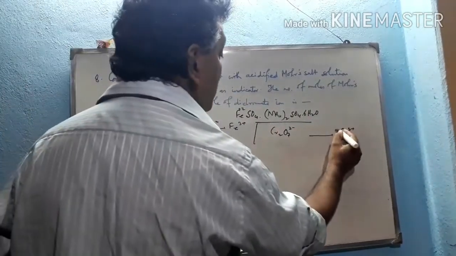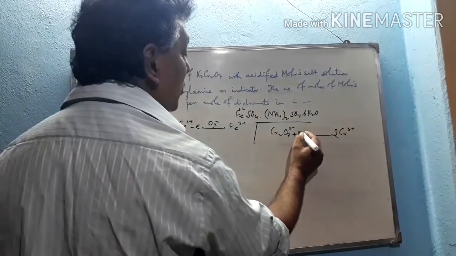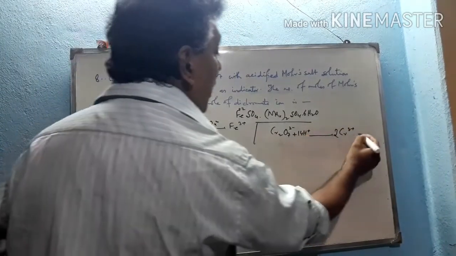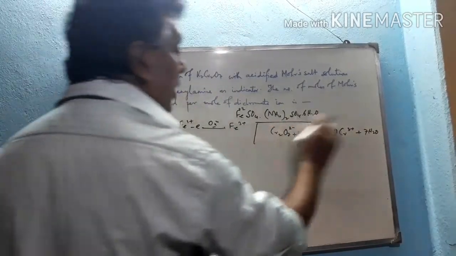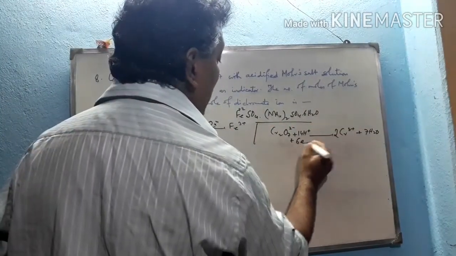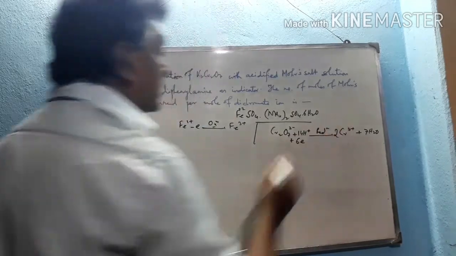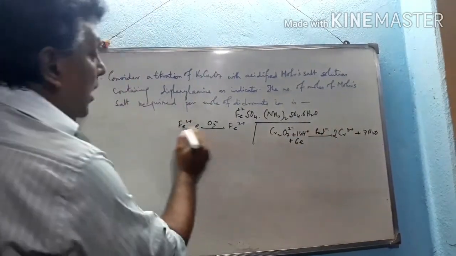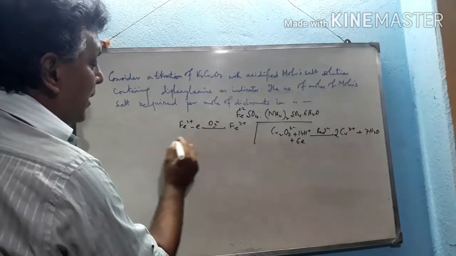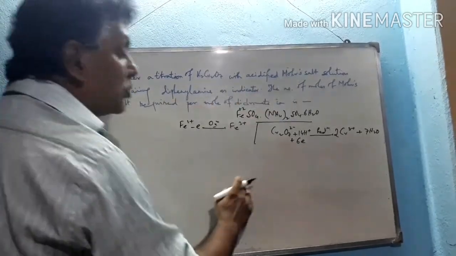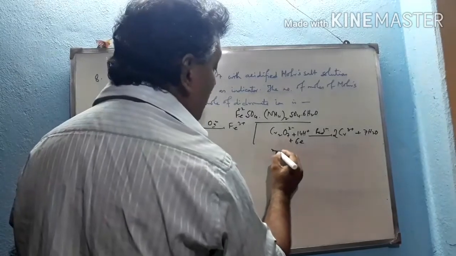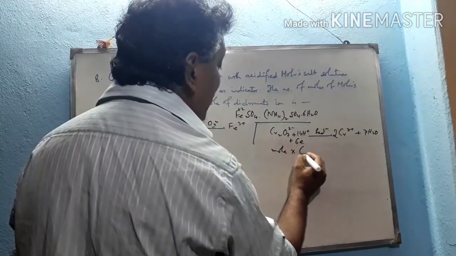So to neutralize these, 14H+ and 7H2O here. So overall total charge +12, +6, that means we have to add 6 electrons here. This is the reduction process. So number of electron transfer is 1 here. Therefore number of mole, that means 1 per mole of dichromate. So the number of moles of dichromate into 6.